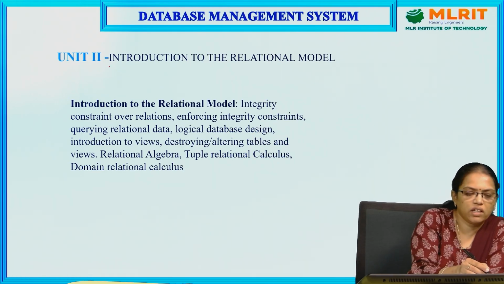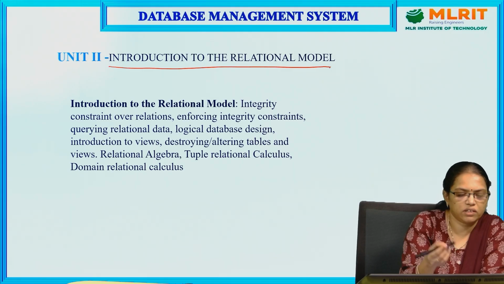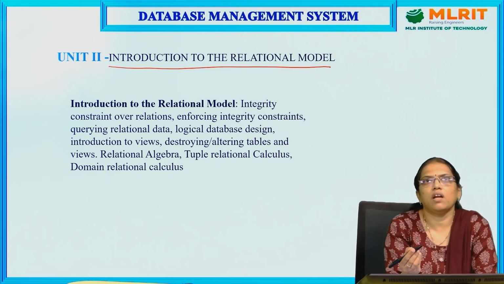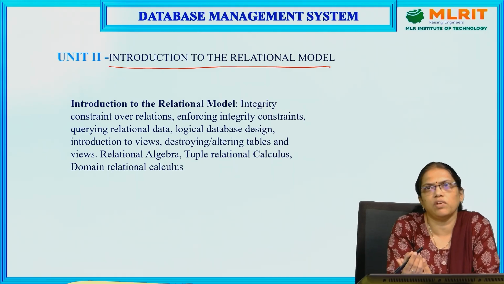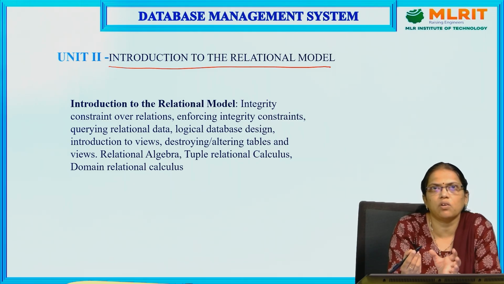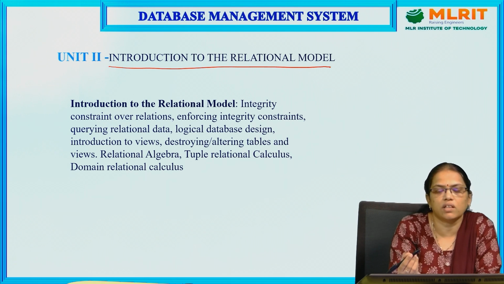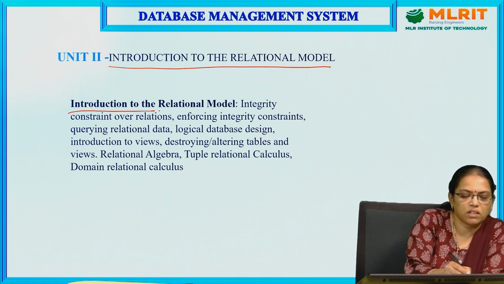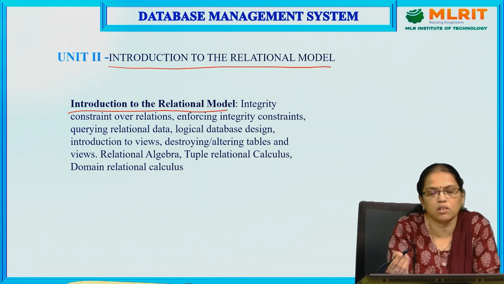Now, the second unit is the introduction to the relational model. In the first unit, we study entities, relationships, and how to match an entity with an attribute. After that, the next concept is the introduction to the relational model.